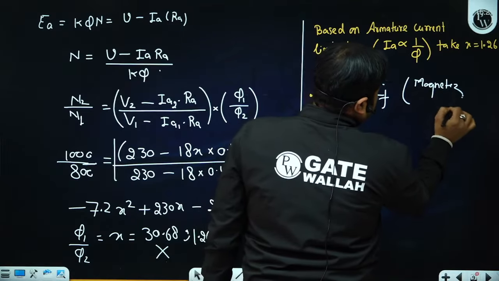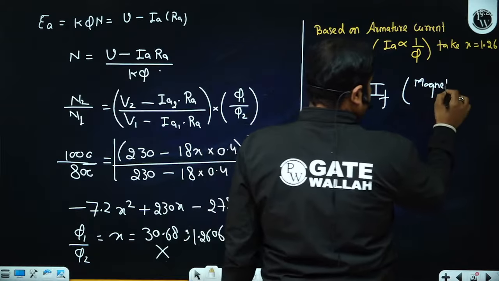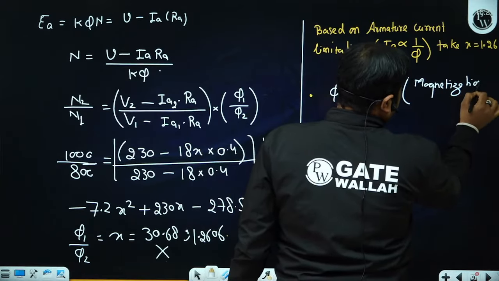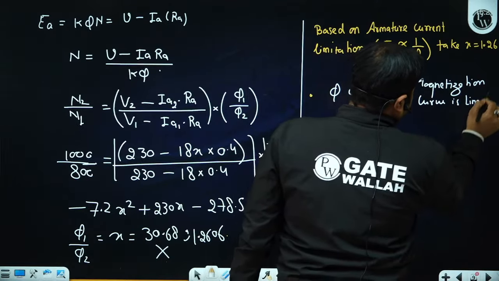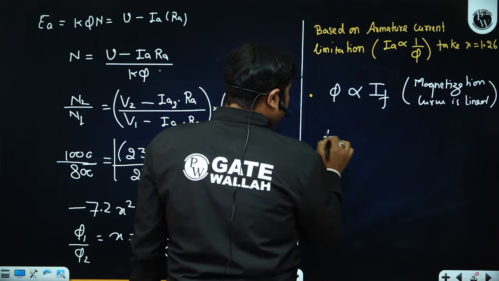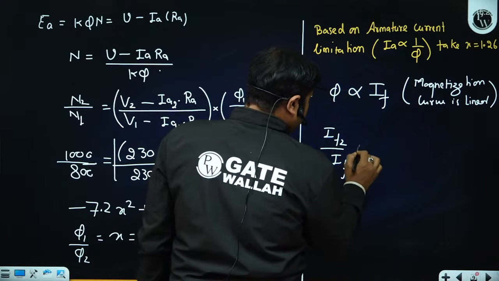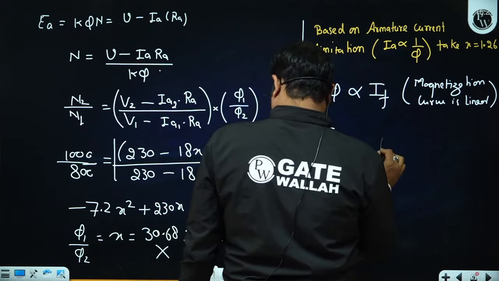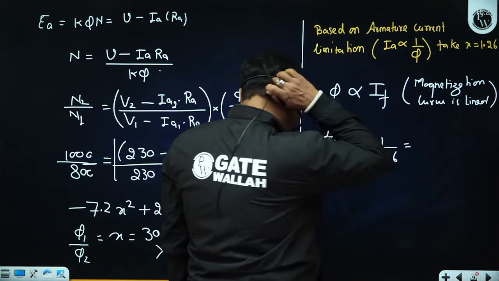given magnetization curve is linear. So since the magnetization curve is linear, the new field current by old field current will become equals to 1 upon 1.26.